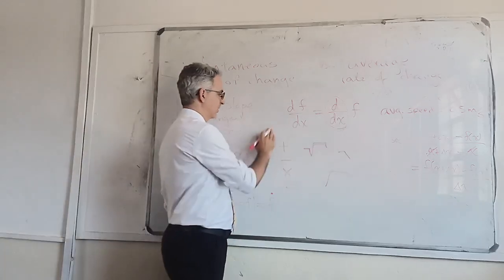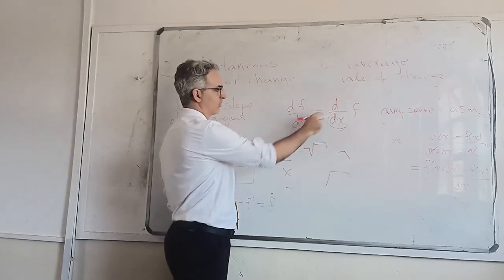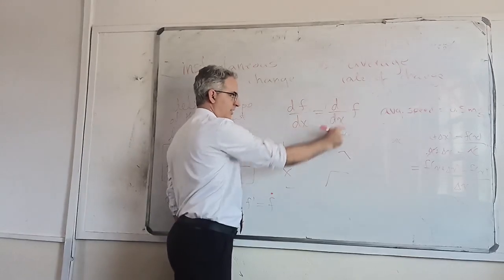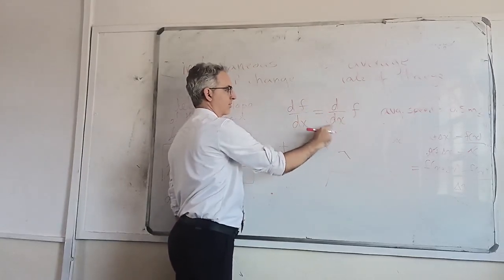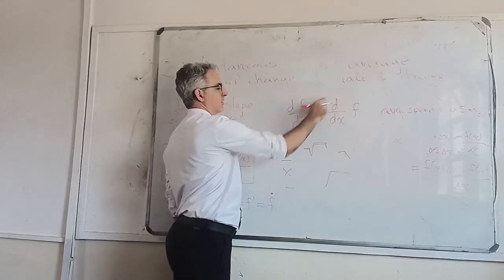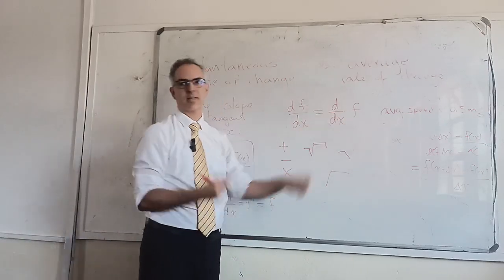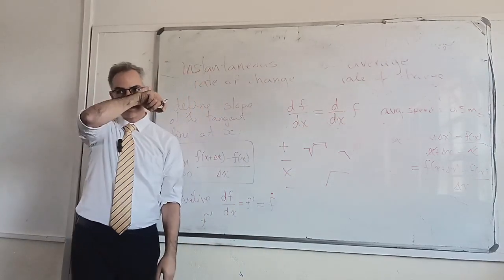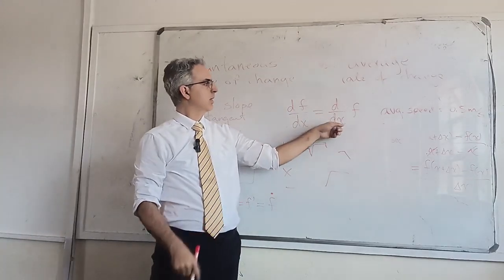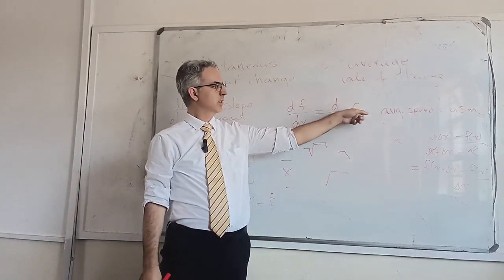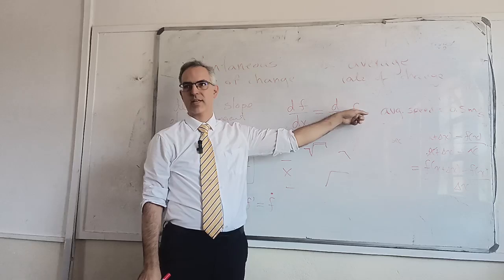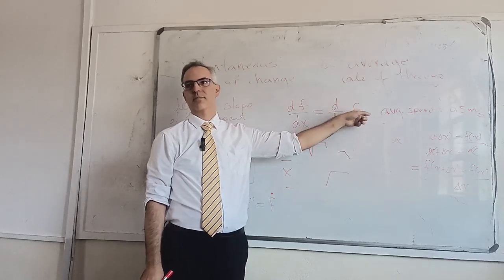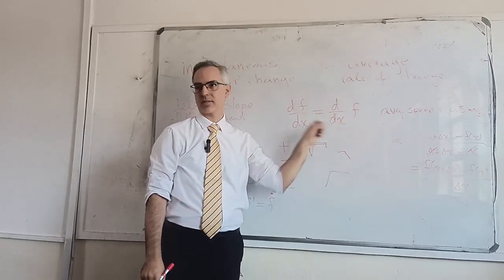Error, exactly. So d by dx, all of these symbols together, this whole thing is an operator. This tells you, aha, with my function, I should find the slope of the tangent line of the function. That's what this operator tells me.